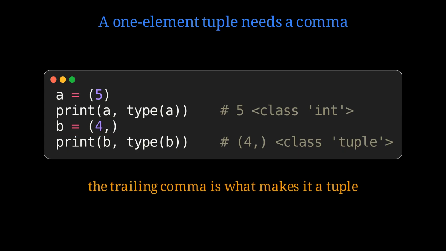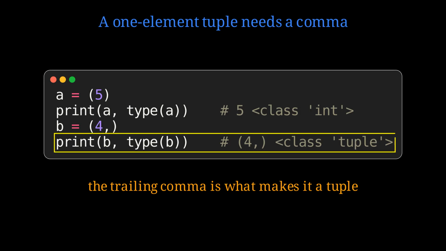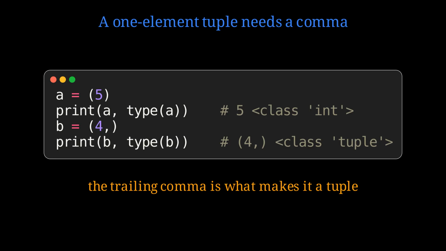We set the variable b to 4 followed by a comma, all inside parentheses. That comma tells Python this is a sequence containing one object. Now b's type is tuple, and printing b shows the number 4 with a comma right after it, inside parentheses. That little comma is the whole difference between a genuine one-element tuple and the parentheses used just for grouping.